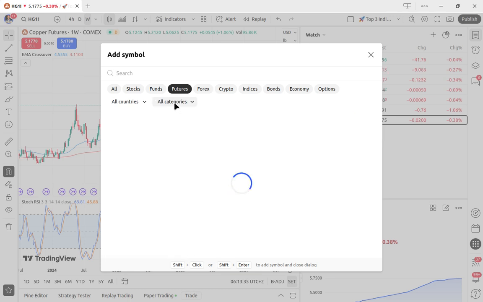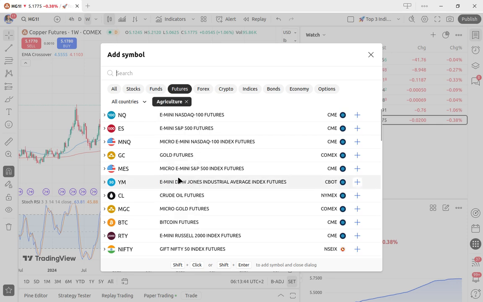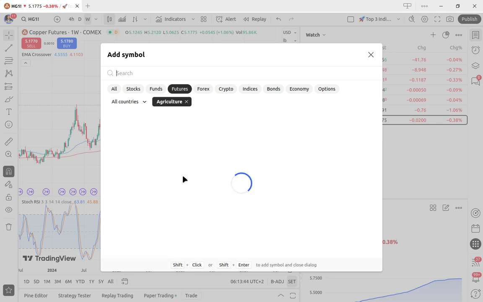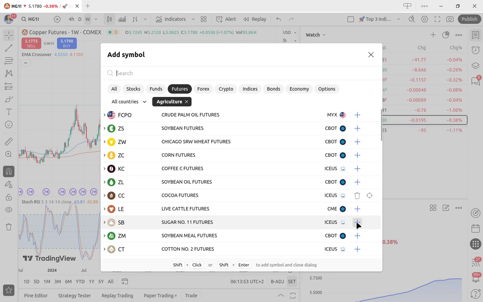We can also check on agriculture. Let's check cocoa and sugar.